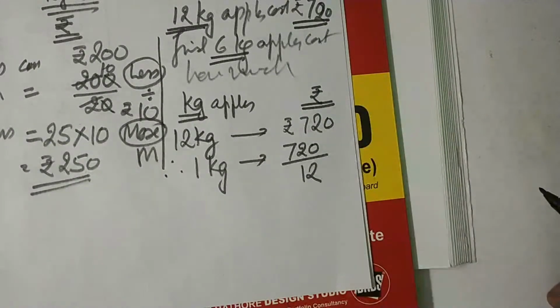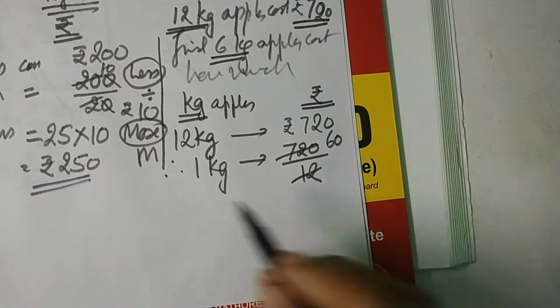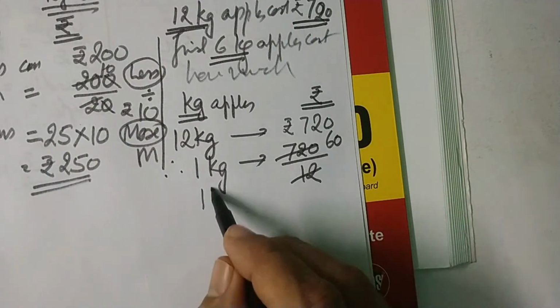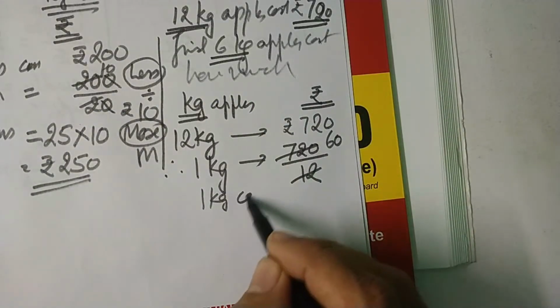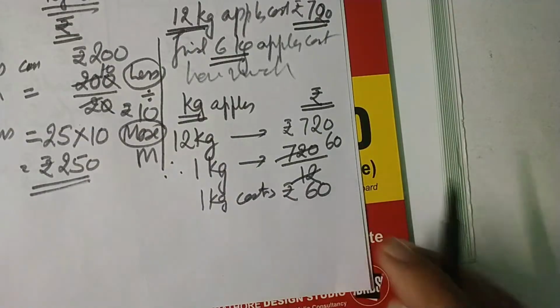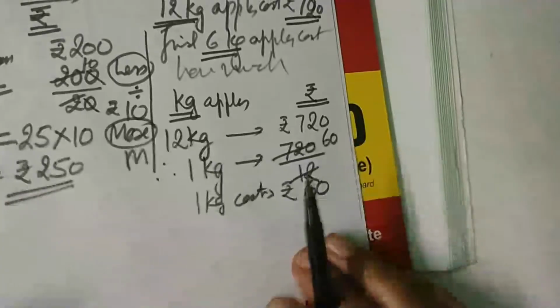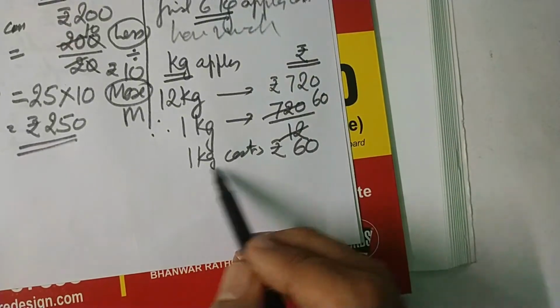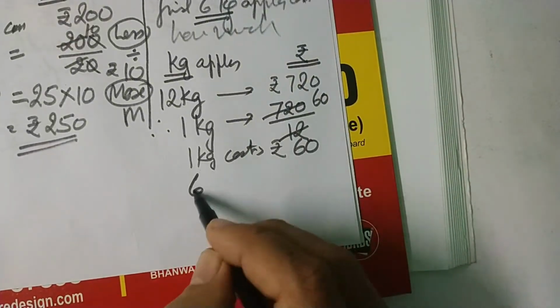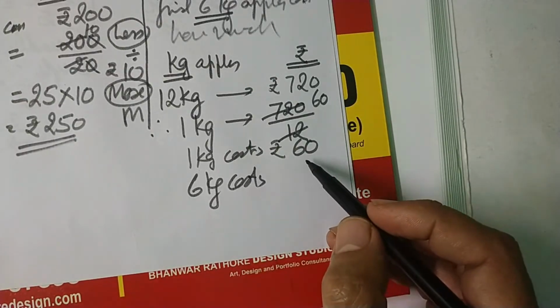Divide 720 by 12 and you will get the answer 60, which means 1 kg costs rupees 60. Now you have to find what 6 kg will cost. If 1 kg costs this much, 6 kg will cost more than 60 or less?